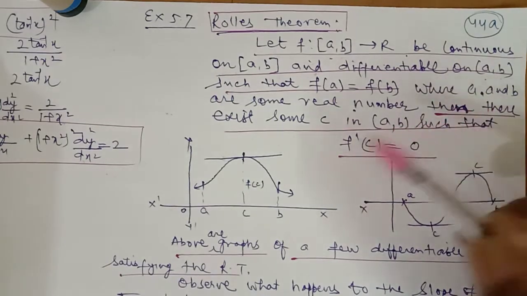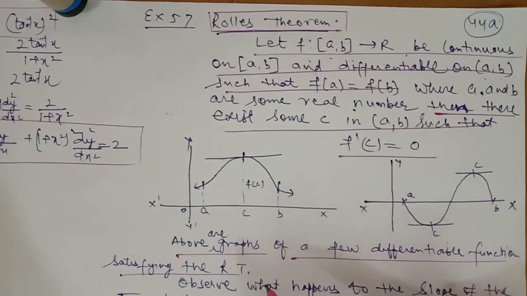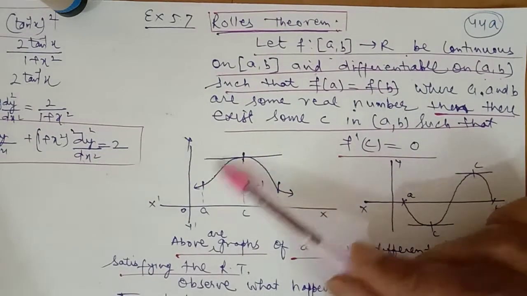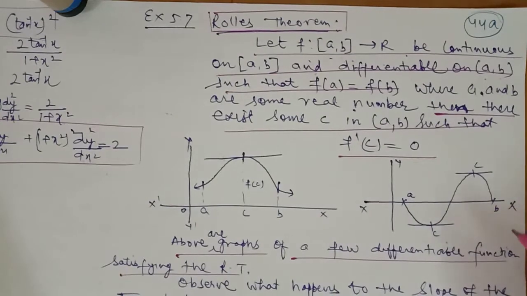Now let us take some examples of Rolle's theorem and look at its geometrical meaning. Let us take these two graphs, which are differentiable. All differentiable functions are continuous functions.